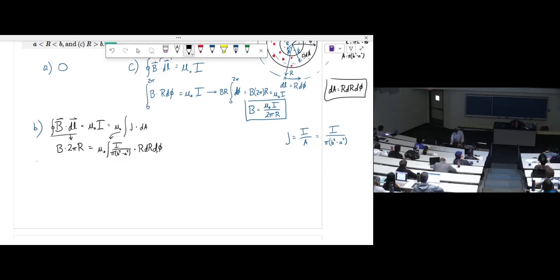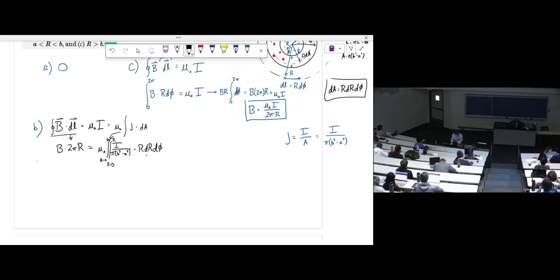In this case, the integral goes from r equals 0 to r, and phi would still go from 0 to 2 pi.